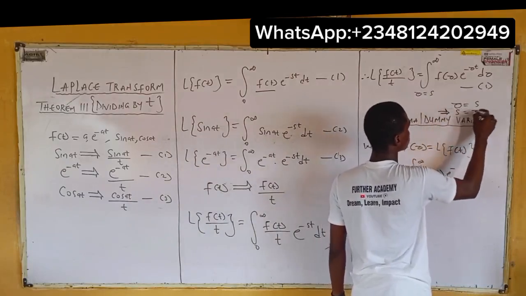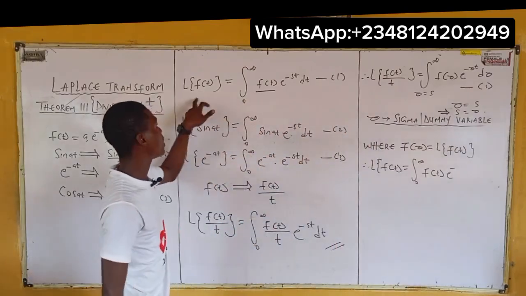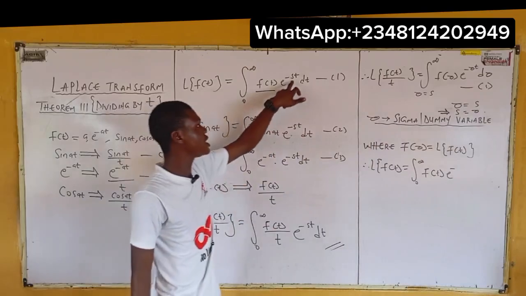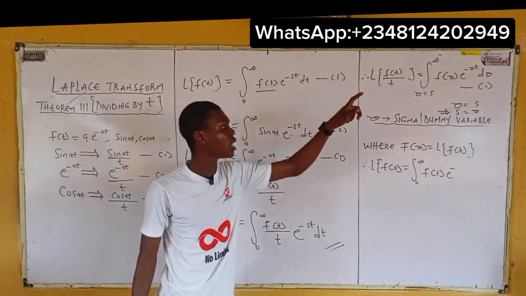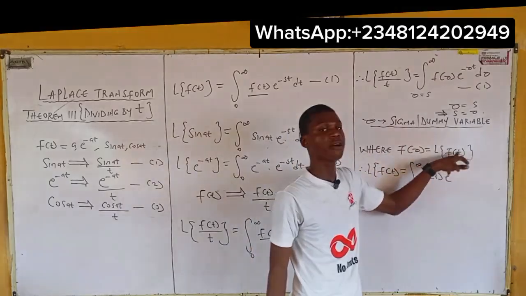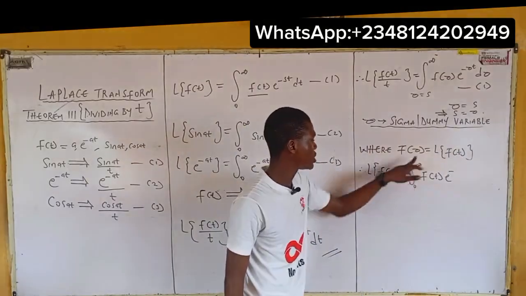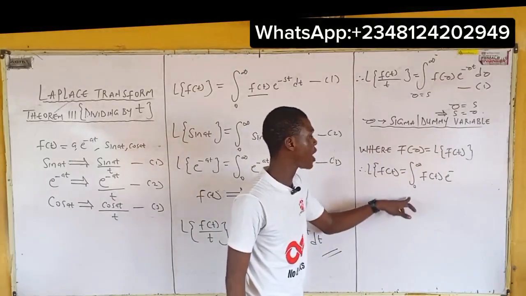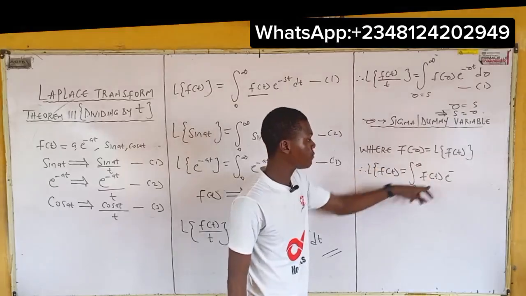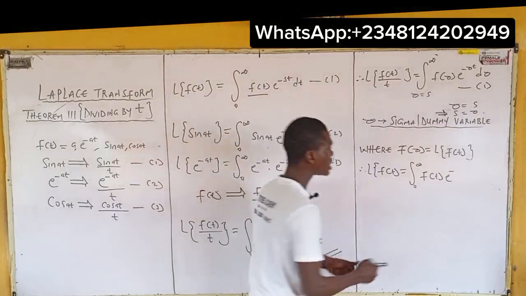Mathematically, saying sigma is equal to x also implies that x equals what? Sigma. Meaning from our usual representation of the Laplace transform of f of t, anywhere you see x, substitute it as sigma. In this case, f of sigma, which is equal to the Laplace transform of f of t, becomes the integral from 0 to infinity f of t exponential negative sigma t.